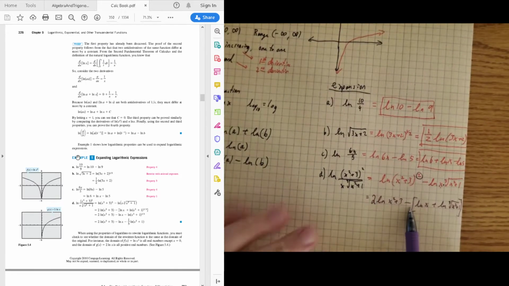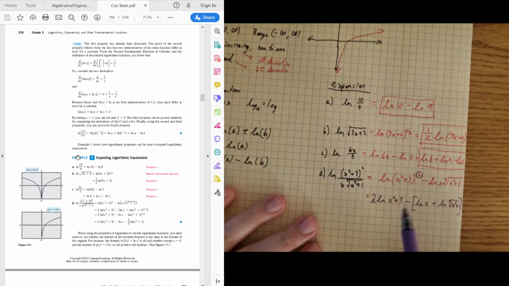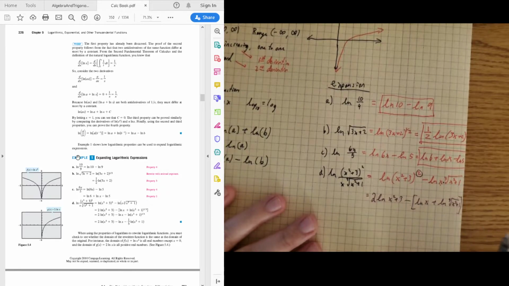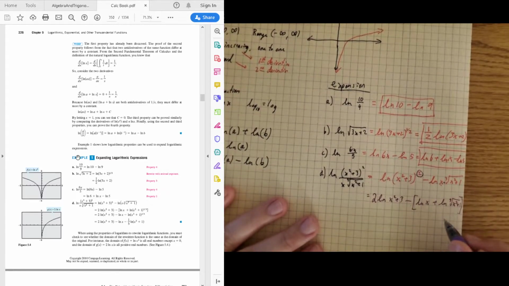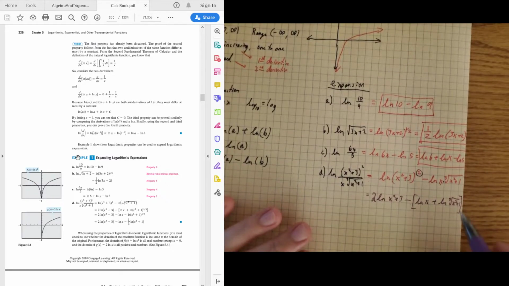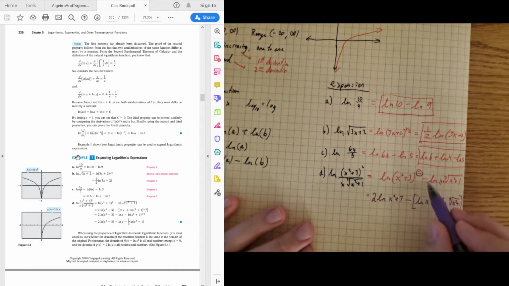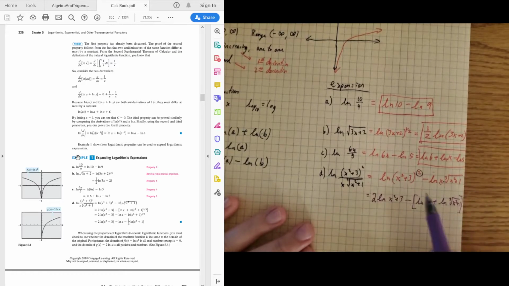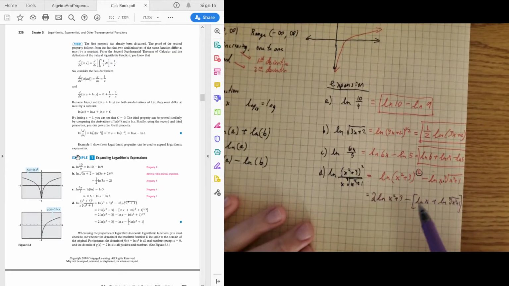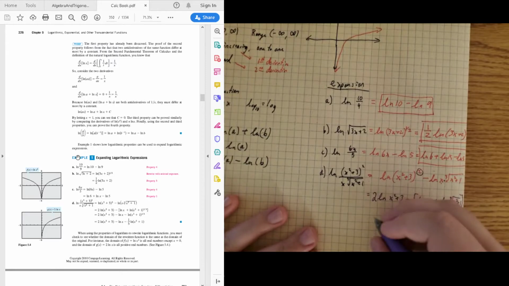Since the negative sign was being applied to the ln of both terms, it has to be applied to the separate terms as well. I could distribute that through, which I'm going to do in a second, but just note that the negative is being applied to the whole thing up here, so it has to continue to be applied to the whole thing down here.